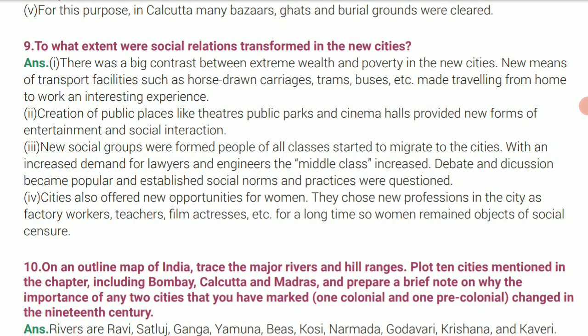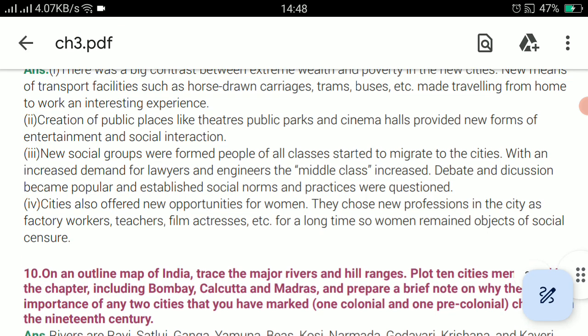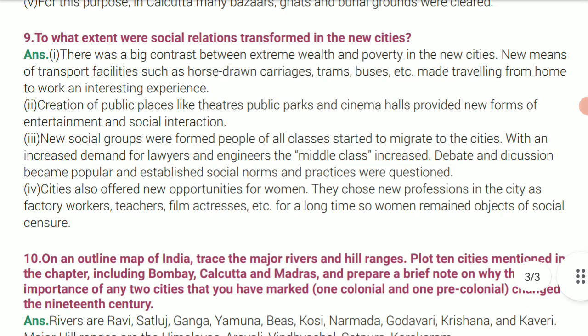To what extent were social relations transformed in the new cities? There was a big contrast between extreme wealth and poverty in the new cities. New means of transport such as horse-drawn carriages, trains and buses made traveling from home to work an interesting experience, and the creation of public places like theatres, public parks, and cinema halls provided new forms of entertainment.